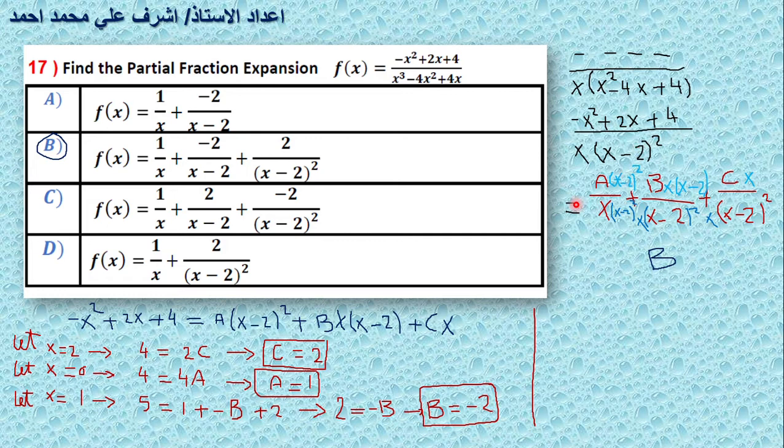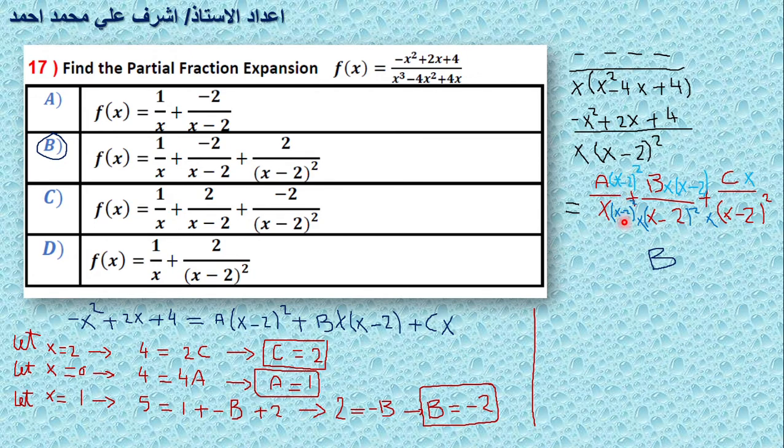By our rule, for the partial fractions we get a constant over x, plus a constant over this repeated factor to the power 1, plus a constant over this factor to the power 2. Now we want to make the denominators like the original denominator. Here we have x, so we have to multiply the numerator and denominator by x minus 2 squared.